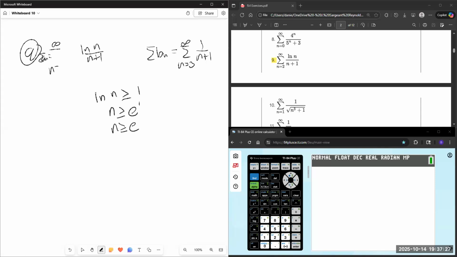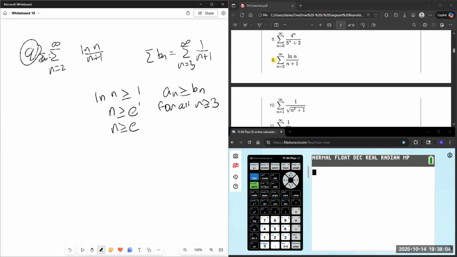So an is greater than or equal to bn for all n greater than or equal to 3.